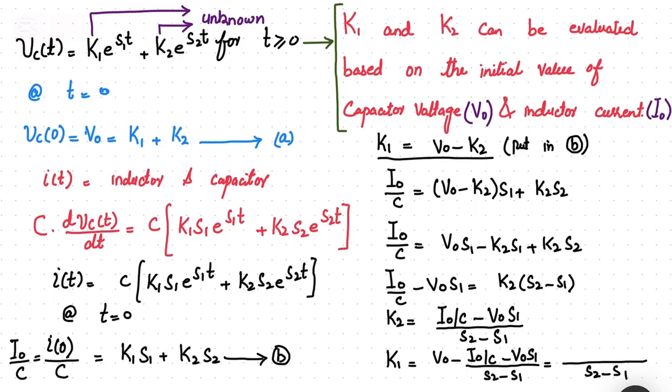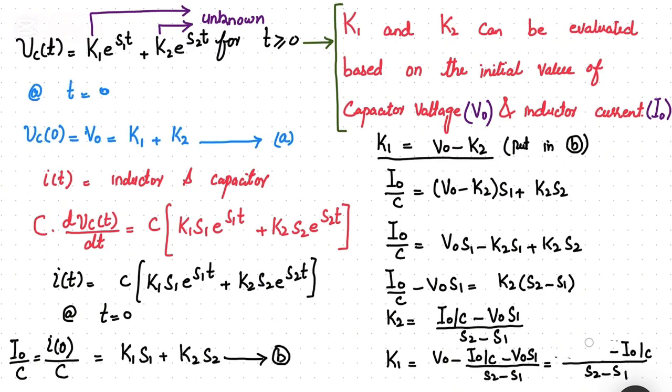Simplifying, this is V0 S2 minus V0 S1, plus V0 S1 with the I0 over C term, and these two V0 S1 terms would cancel out.